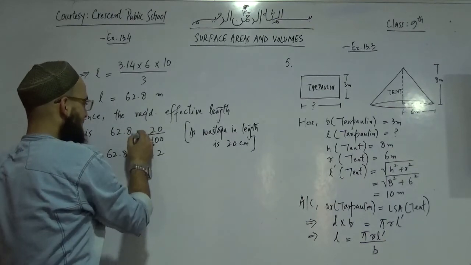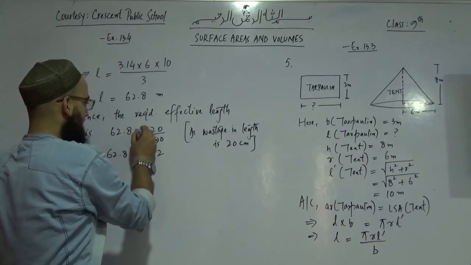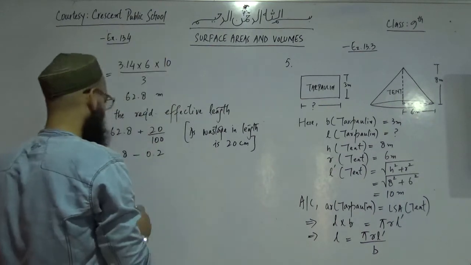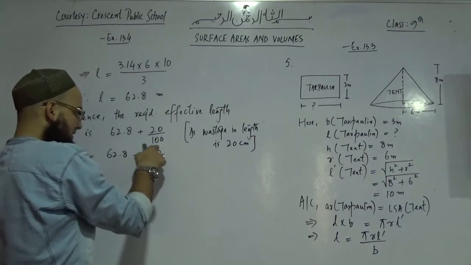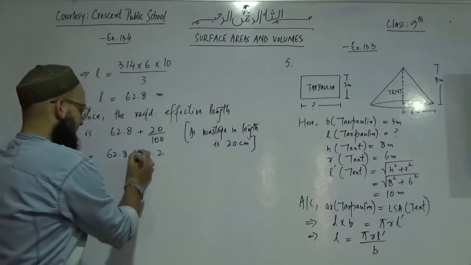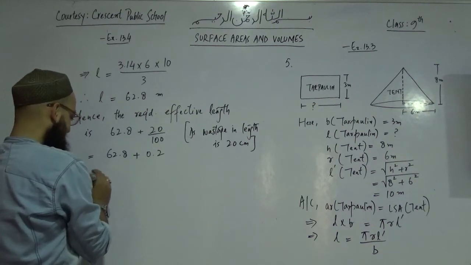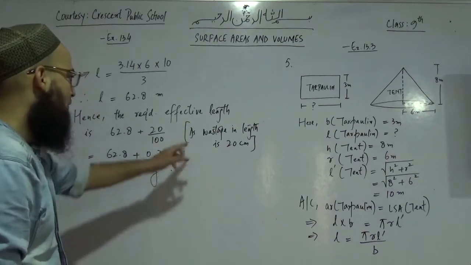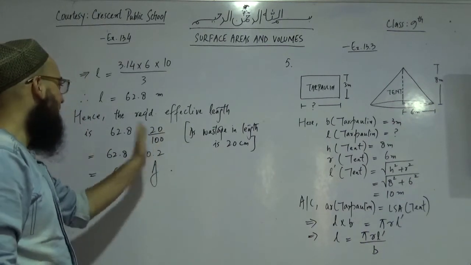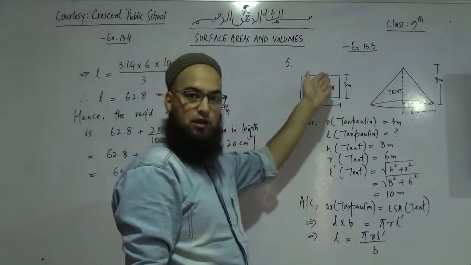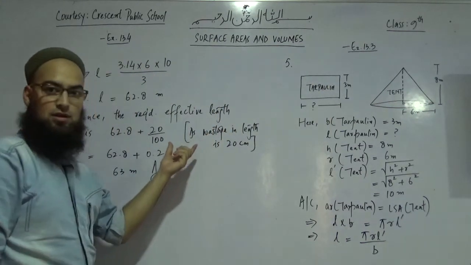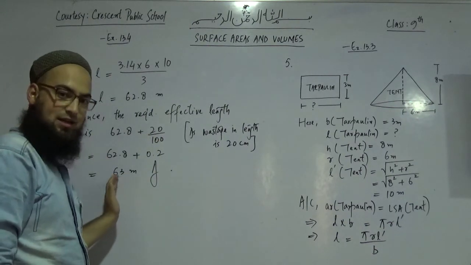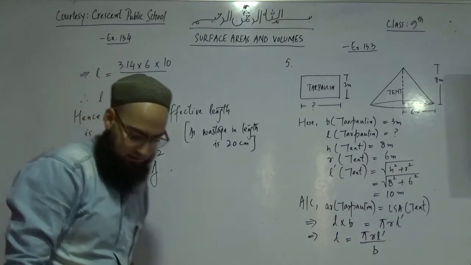Wastage is 20 centimeters, 20 by 100 meters. That will give you 63 meter, and that's your answer. This is our length including the wastage. So actual length was 63 meter. That is our effective length. So kindly make a note.